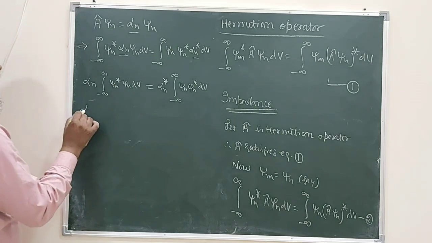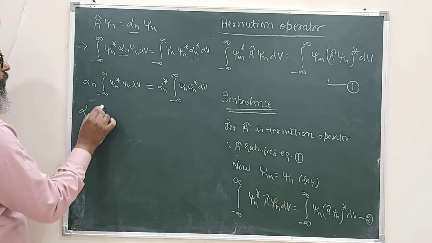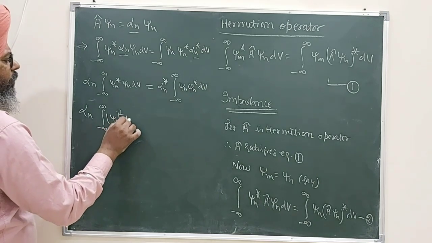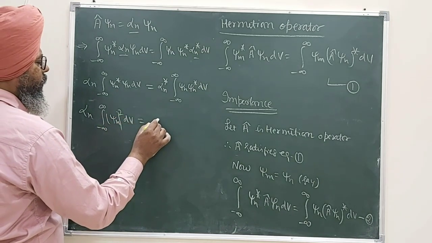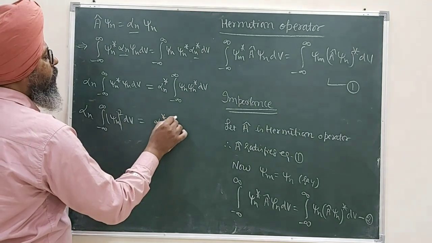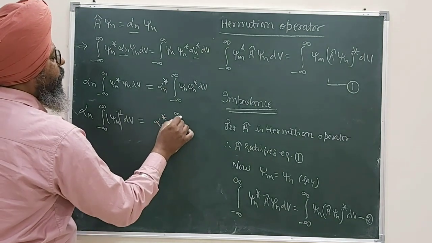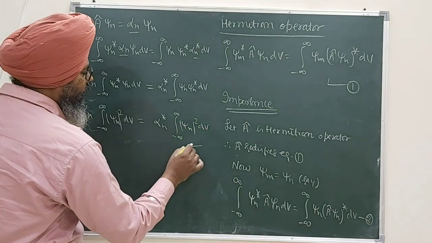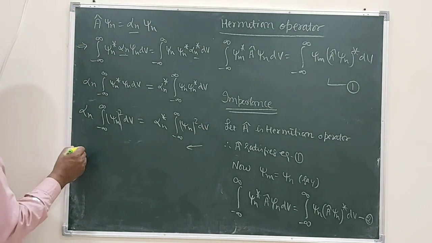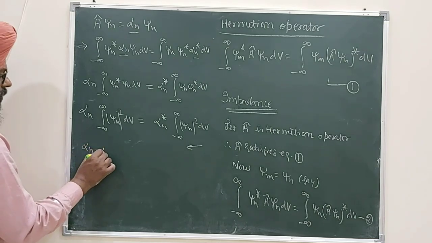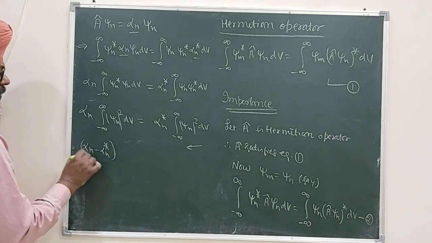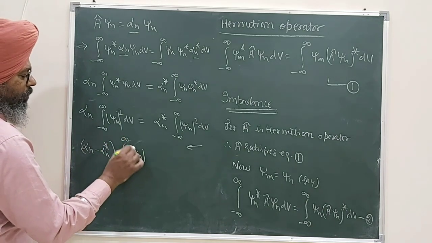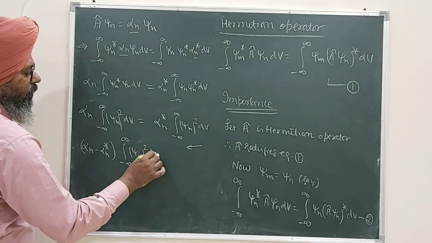So this will be alpha n integration minus infinity to infinity psi n magnitude square dv, and it will be equal to alpha n star integration minus infinity to infinity psi n magnitude square dv. I can take this term to the left hand side, so this will become alpha n minus alpha n star and integration minus infinity to infinity psi n magnitude square dv equal to 0.